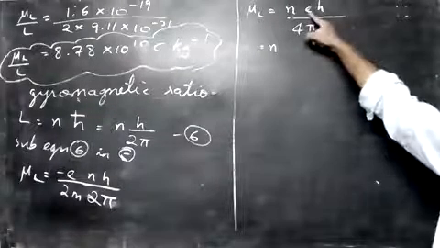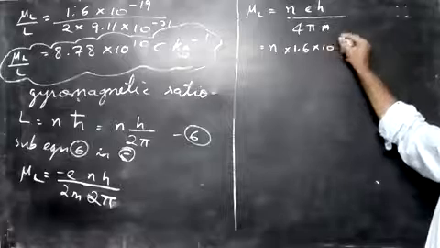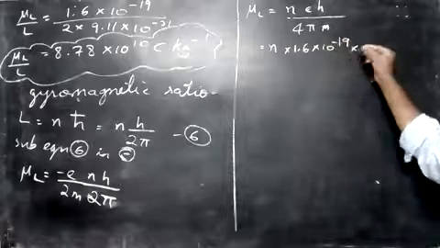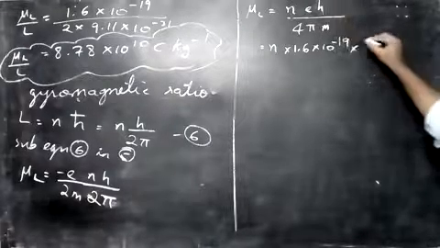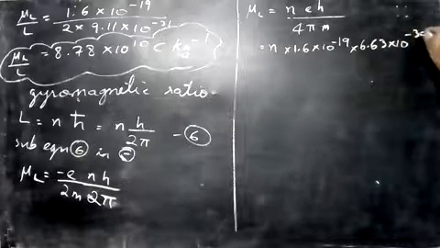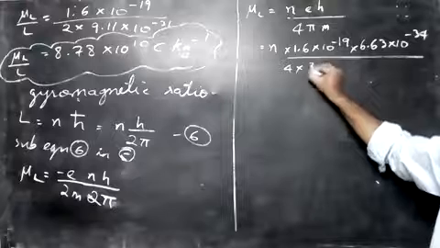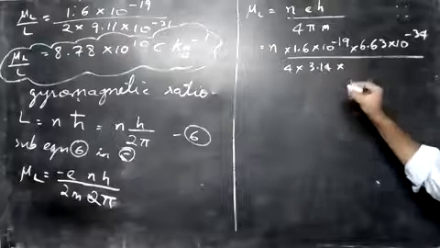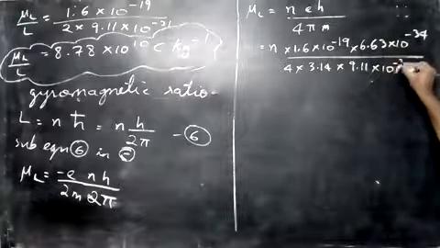Then e, the charge of an electron, is 1.6 into 10 power minus 19 coulombs. We need not write the unit, we'll use the calculations only. h, Planck's constant, is 6.63 into 10 power minus 34, divided by 4, pi as 3.14, into the mass of electron, 9.11 into 10 power minus 31.